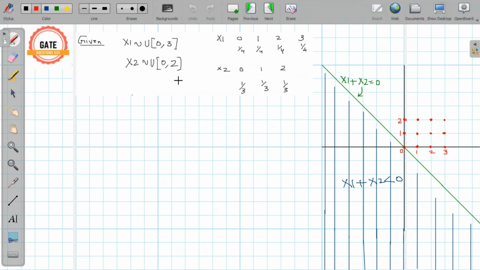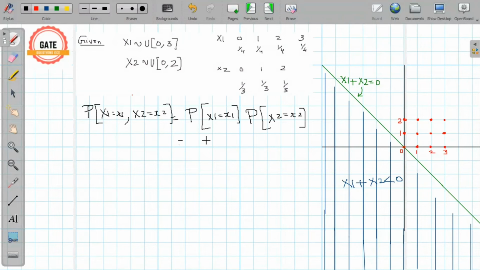So it is given in the question that x1 is distributed uniformly over 0 to 3 and x2 is uniformly distributed over 0 to 2. So we can write the joint probability of x1 equal to x1 comma x2 equal to x2 will be equal to the product of the marginal probabilities, because here x1 and x2 are independent random variables.